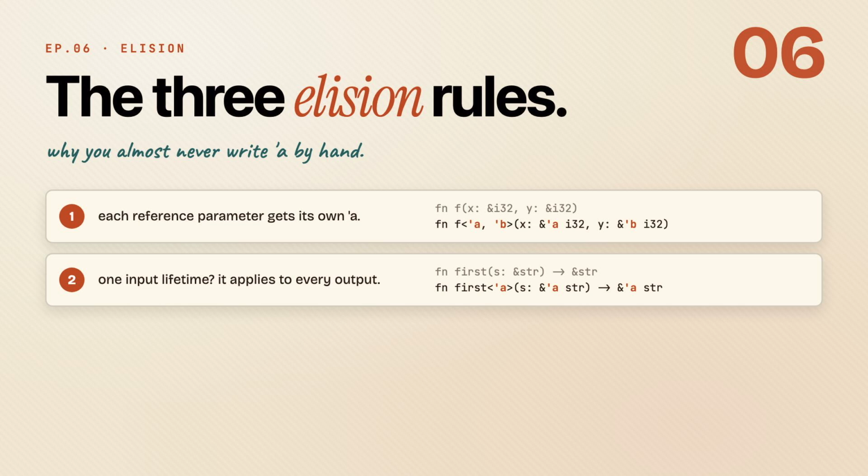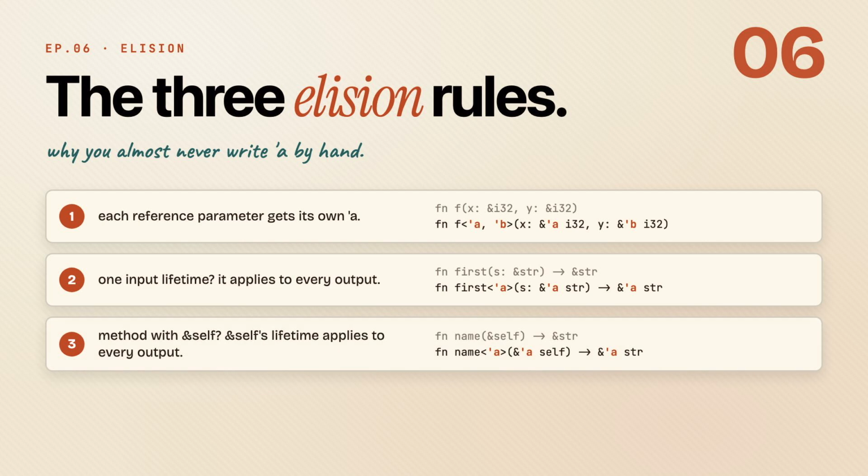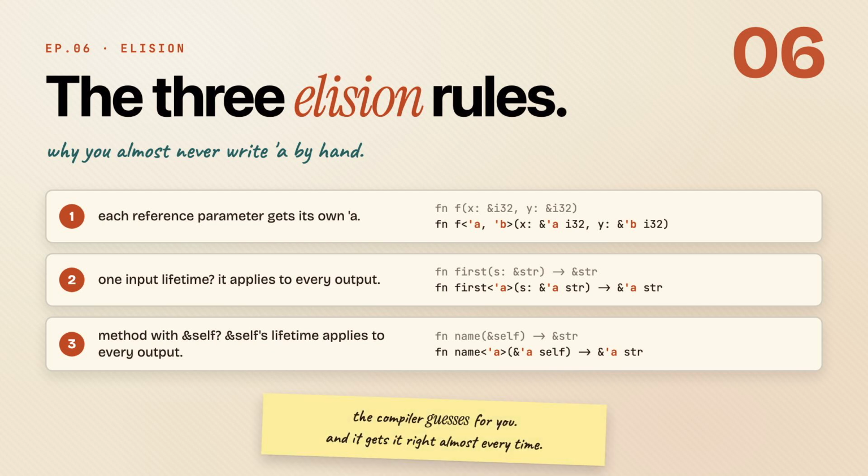So a function taking one string and returning one needs no annotation. And three: in a method that borrows self, self's lifetime flows to every output, which quietly covers almost everything you write on a struct. The compiler guesses that for you, and it gets it right almost every time.